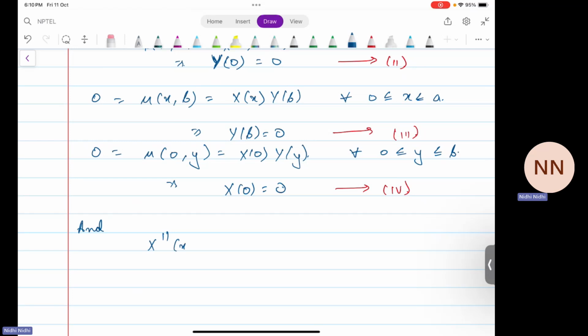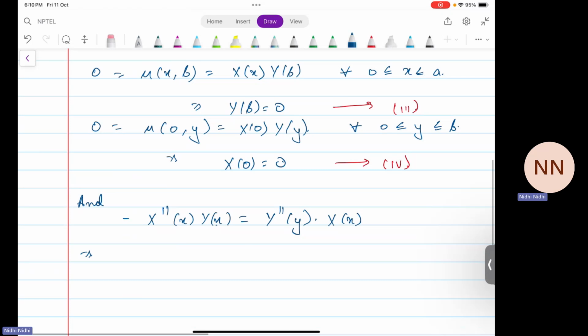And the main equation uxx plus uyy equals 0 gives us X double dash over X is equal to minus Y double dash over Y. So this basically gives us X double dash by X is equal to minus Y double dash by Y. Now on one side we have a function that depends completely on x, and on the other side we have a function in y, and they both are equal.